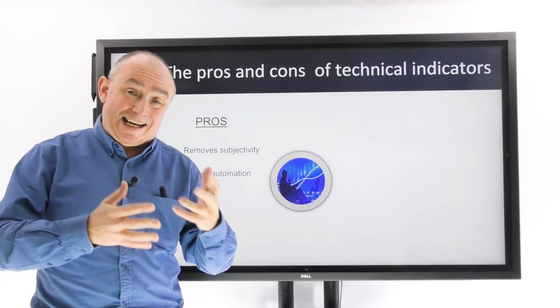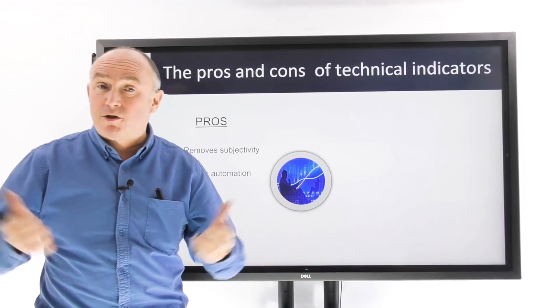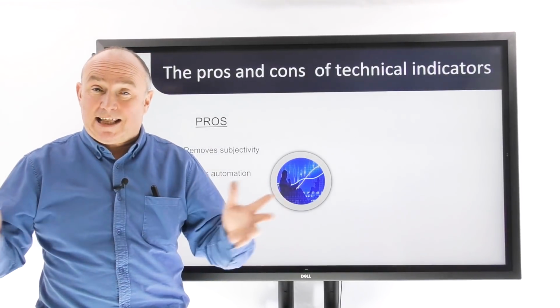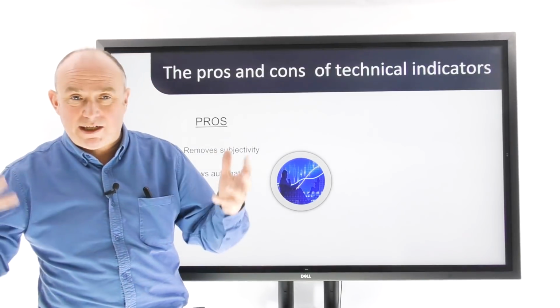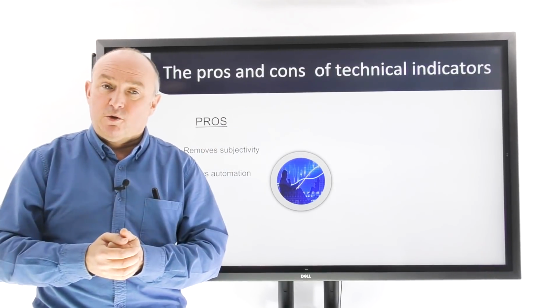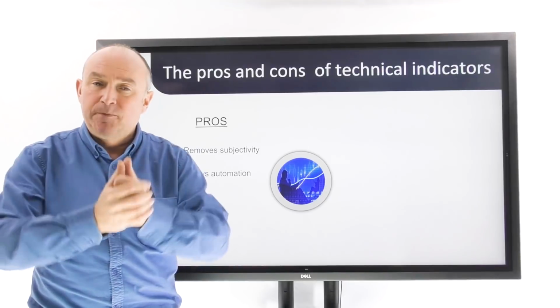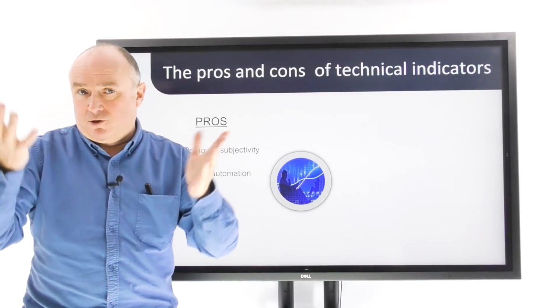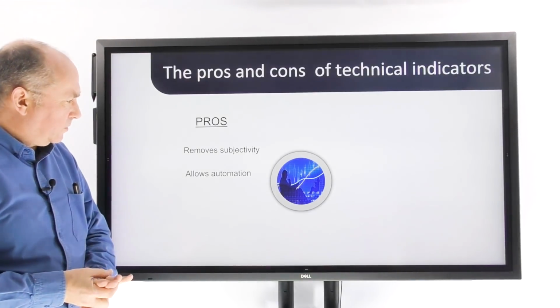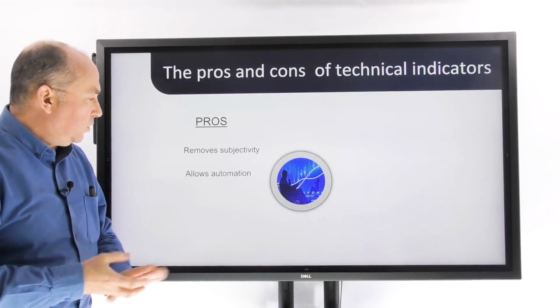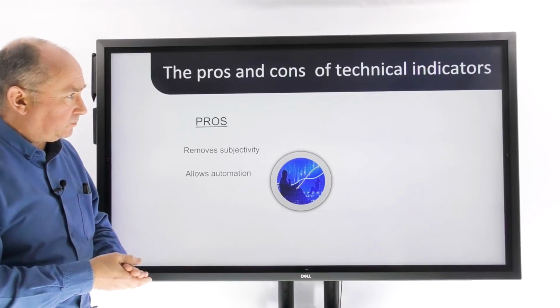So they've got stochastics, they might have a moving average and so forth, a MACD. They can get that coded up very simply these days to save all the screen time. It will send you an alert when your rules of engagement align. And then you can go and place the trade. You can actually trade automatically with automation as well. Not that I'm too fond of that myself, but you can. But it allows for automation.